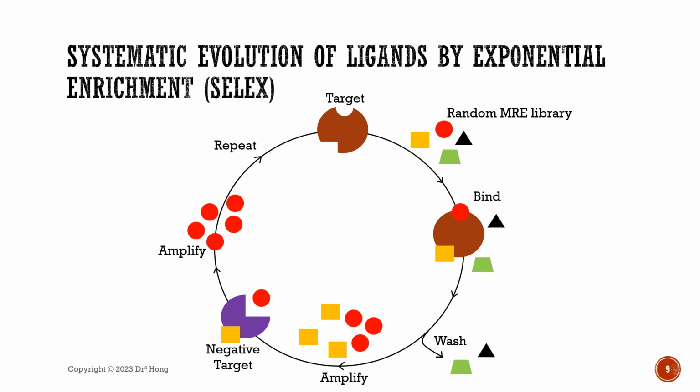And the amplified pool is then subjected to other rounds of selection, so it basically repeats until the enriched pool contains a high percentage of molecules that bind specifically to the target. And finally, the selected RNA or DNA molecules are sequenced to identify the sequences of the specific molecules that have high binding affinity to the target.